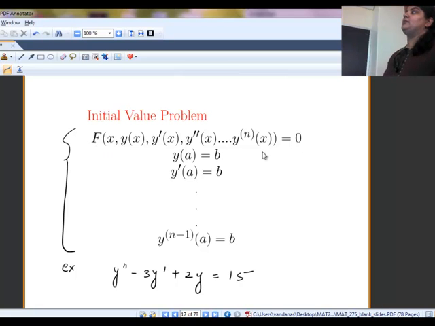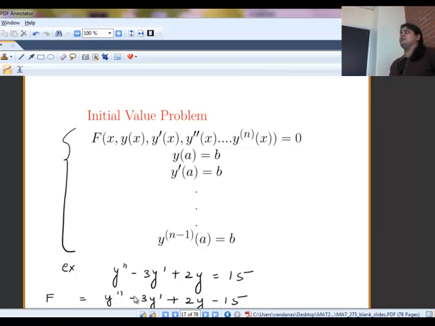If I am comparing this with the equation, I have to keep everything on the left hand side, right? So in this context, my f will be y double prime minus 3y prime plus 2y minus 15.